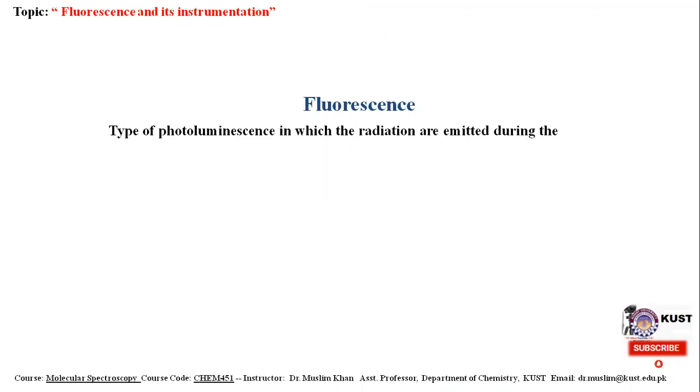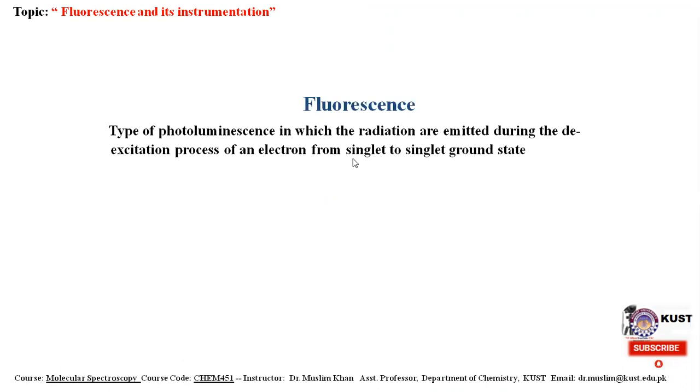First of all, what is fluorescence? As we have discussed, this is the type of photoluminescence in which the radiations are emitted during the de-excitation process of an electron from singlet to singlet ground state.